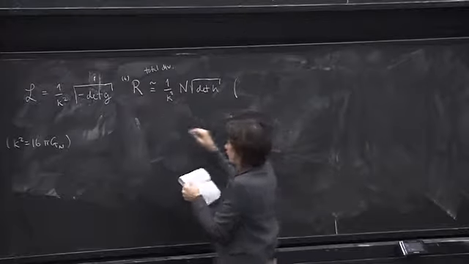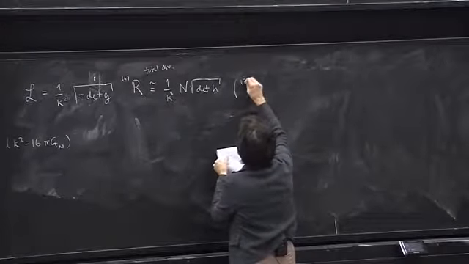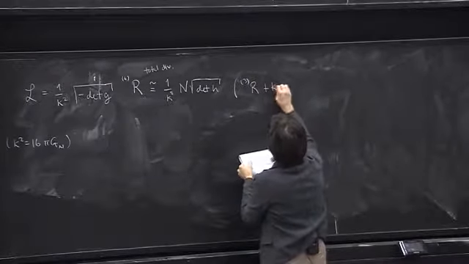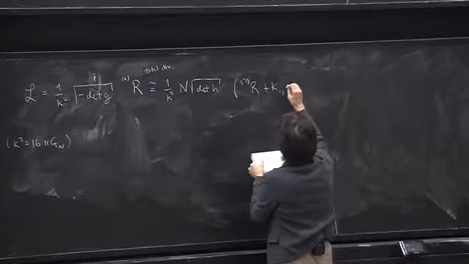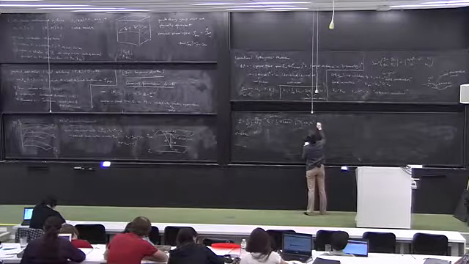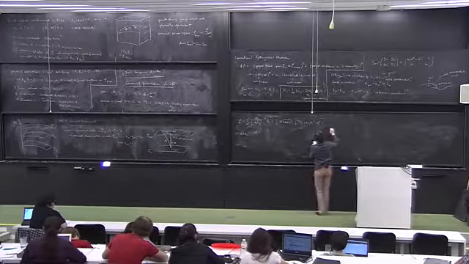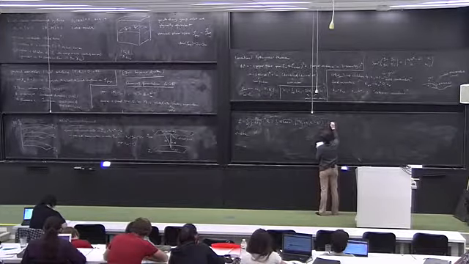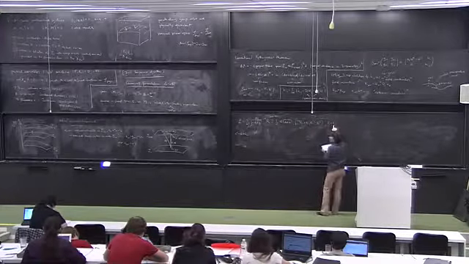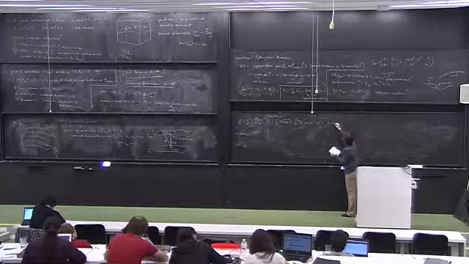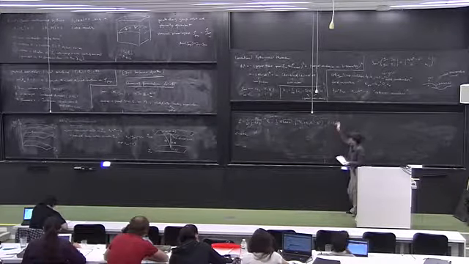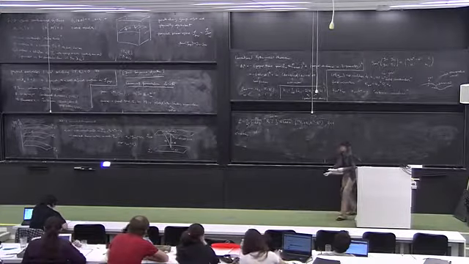Now, the 4-dimensional Ricci scalar can be split up into the 3-dimensional one, plus terms depending on my velocities, the extrinsic curvatures, K_ij K^ij minus capital K squared, where K, by definition, is the trace of K. I write it with one index up and one index down, or I contract it with a metric just in this manner.